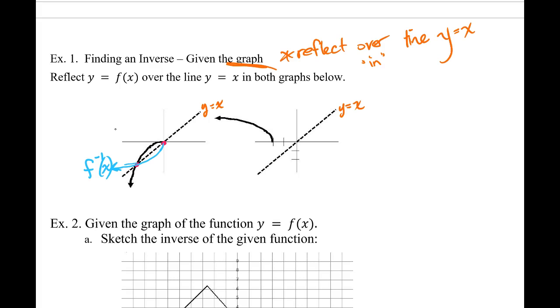Over here on the second example, we do not have any invariant points because we don't have any points that land on our y equals x line. But we do have a coordinate point, and this is originally going to be (-2, 0). So when we want our inverse function, it's going to switch these two around because remembering that (x, y) becomes (y, x).